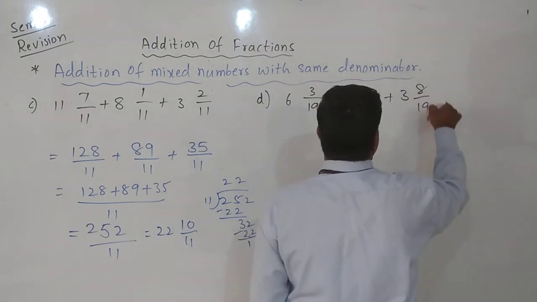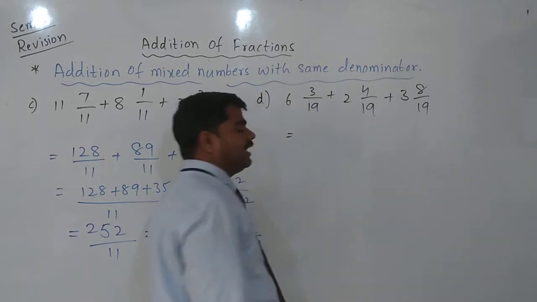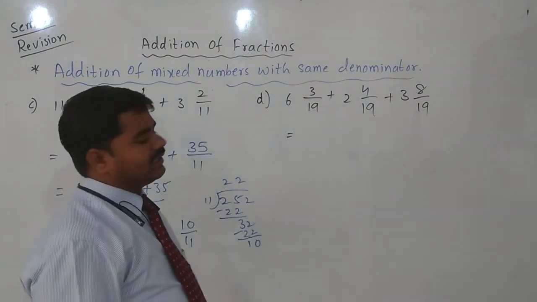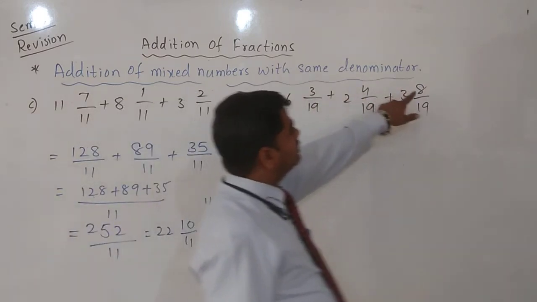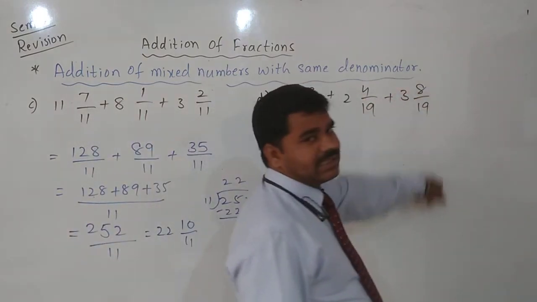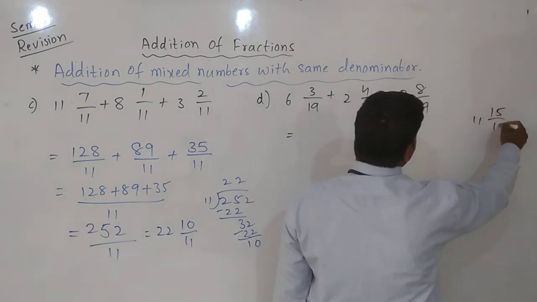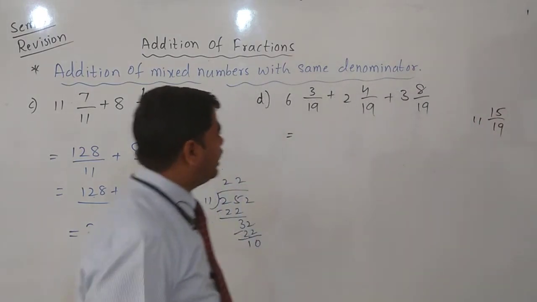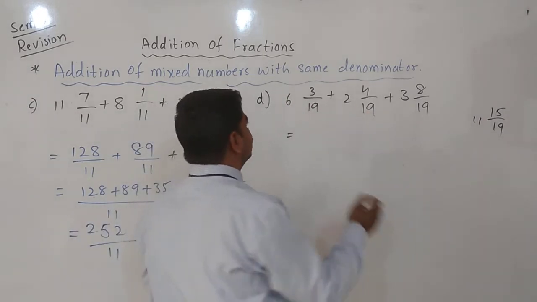Directly, 6 plus 2 is 8, 8 plus 3 is 11. Then 3 plus 4 plus 8, that is 15, so 11 integer 15 by 19 is the answer. That is one method. And we can also convert into improper fractions and add like that.